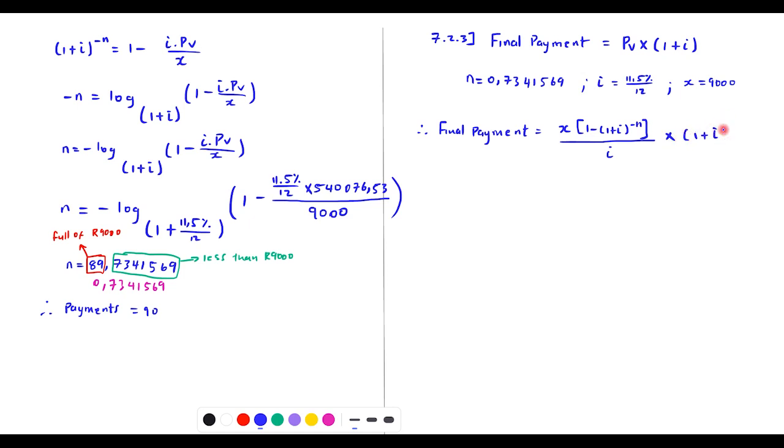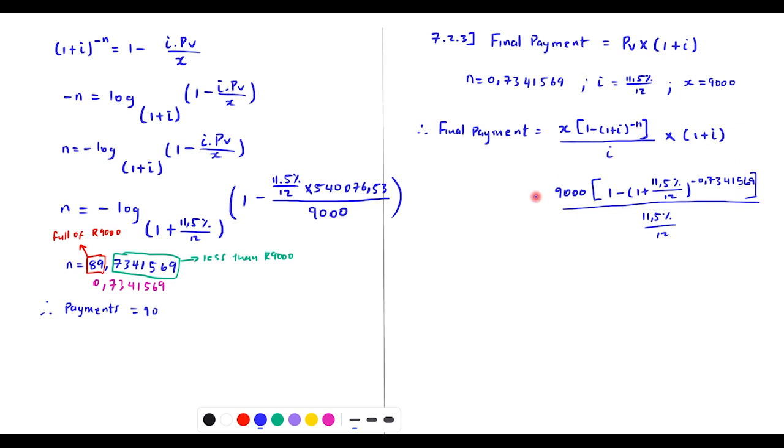Now the bank charges, let's see, 9,000 times 1 minus (1 plus 11.5% over 12) to the power of minus 0.7341569, over 11.5% over 12, and then we multiply this by 1 plus, okay, I don't have a space there, let me just put it in front here.